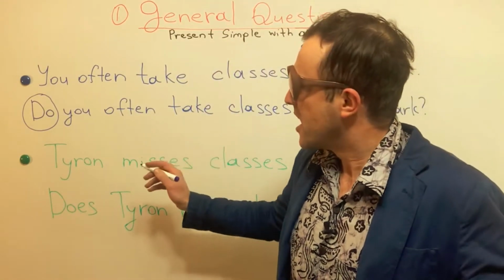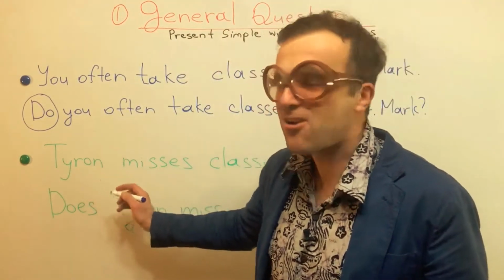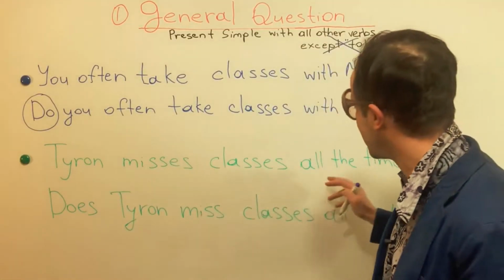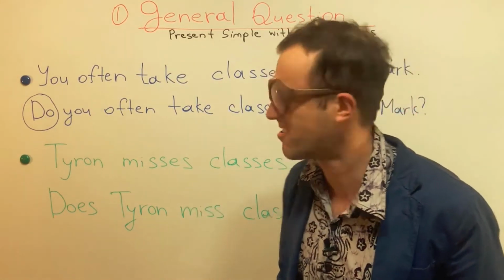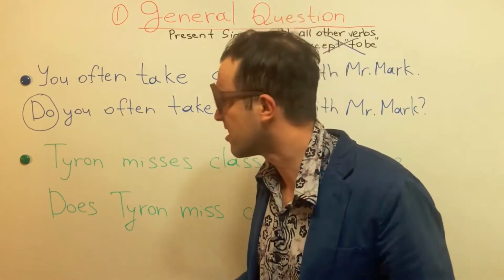And let's take Tyrone. Okay? Our hero is Tyrone. So Tyrone misses classes all the time. Yeah? Naughty Tyrone! He misses classes all the time. So, the third person singular.